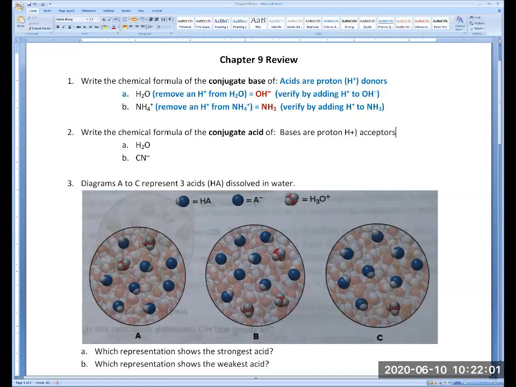So they are accepting the protons. Proton acceptor. That means these are your bases, and they will accept a proton and become the conjugate acid. So you want to add an H plus to them.